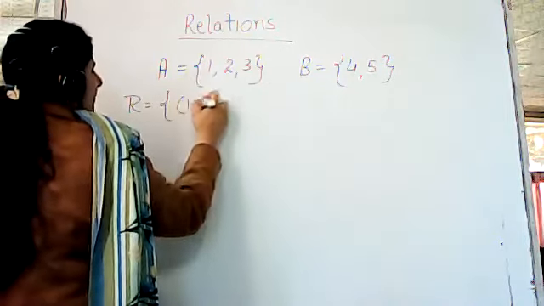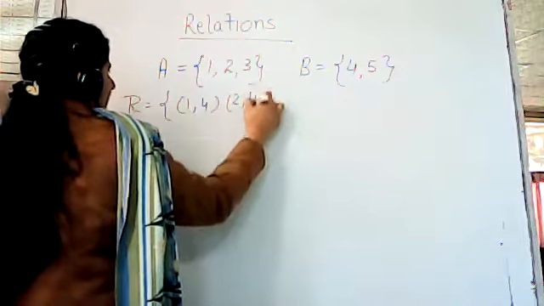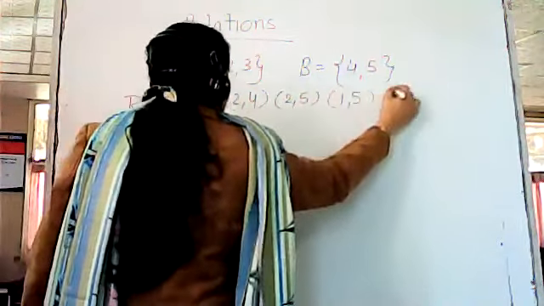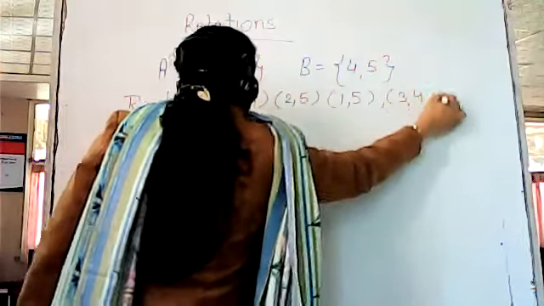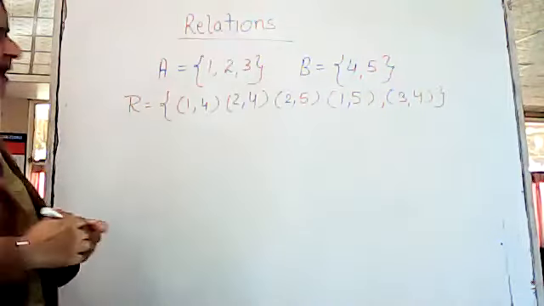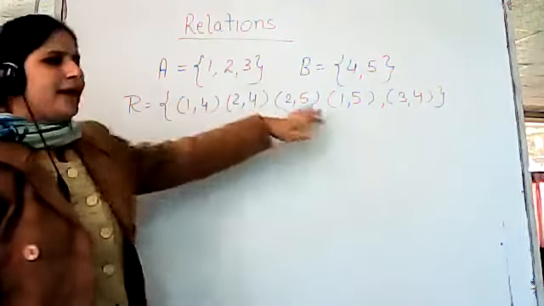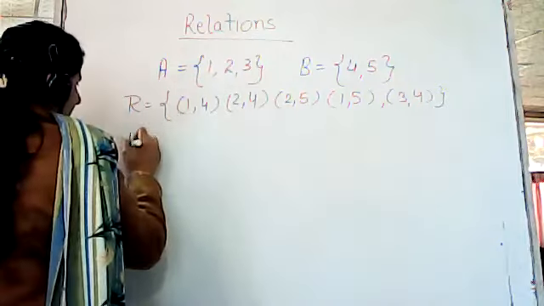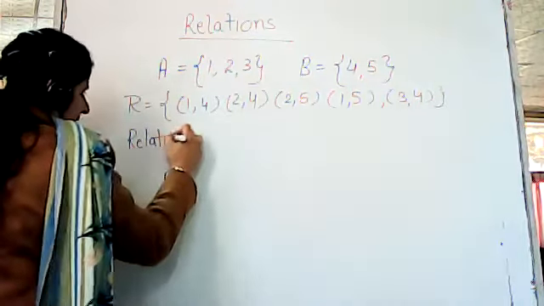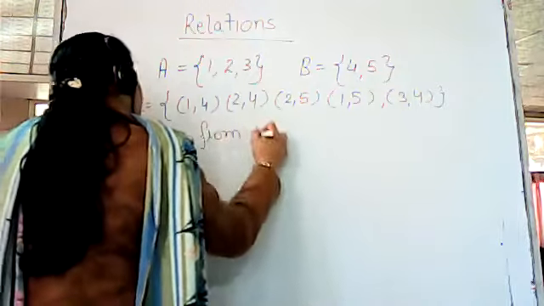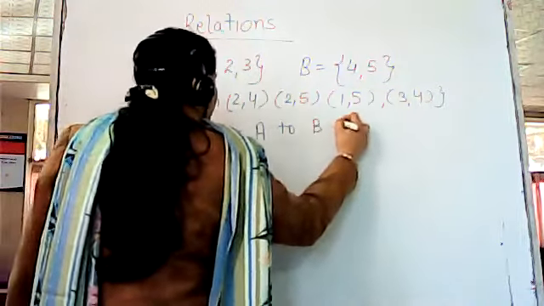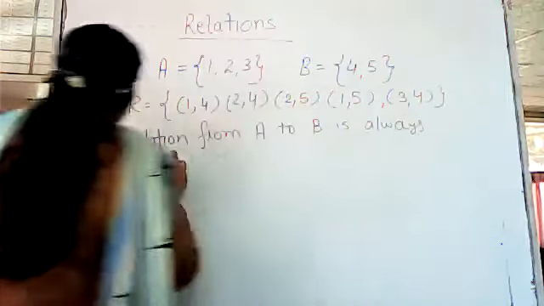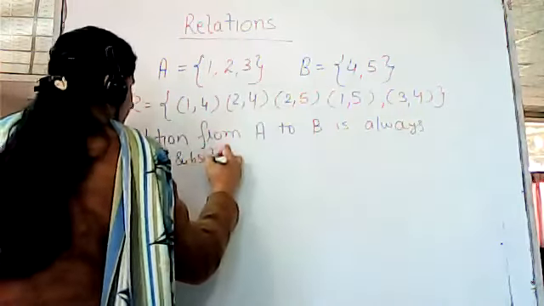Suppose R is equal to {(1, 4), (2, 4), (2, 5), (3, 4)}. I have defined a relation R as this. A relation from a set A to another set B is always a subset of A cross B.